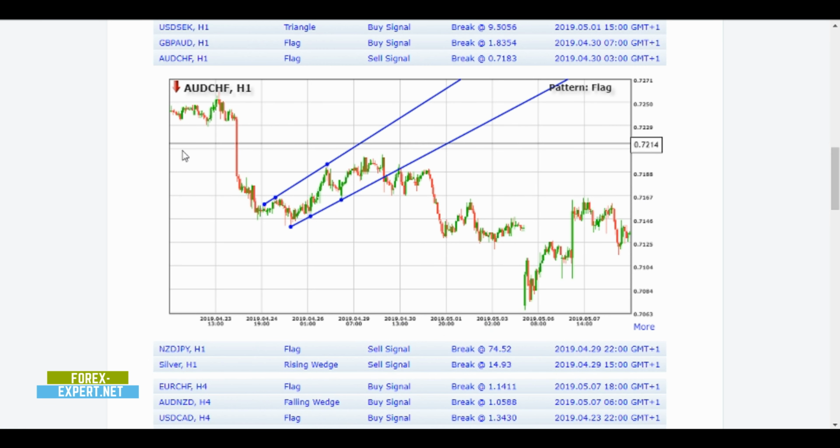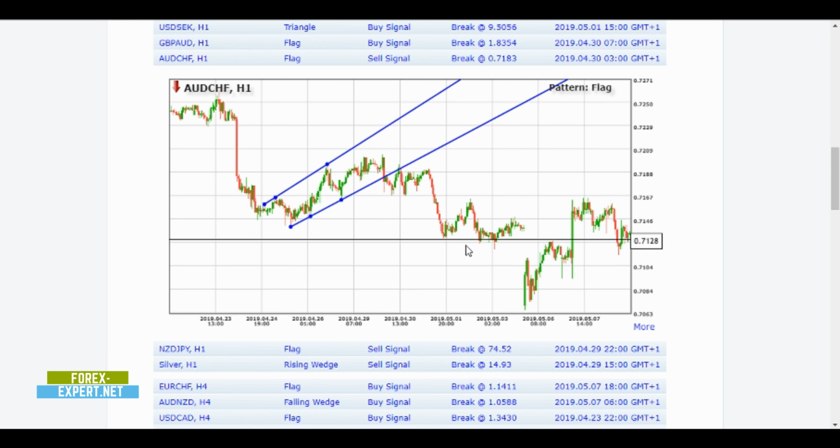As you can see, we have a great momentum here in this downtrend, and a weaker one inside the pattern, and then the price, with a few pullbacks, started to fall down.